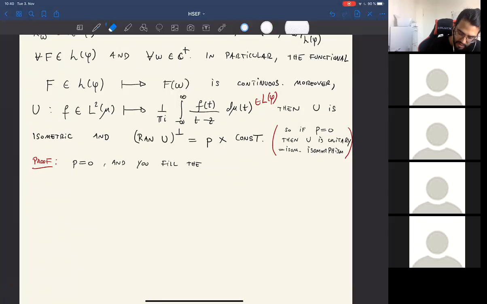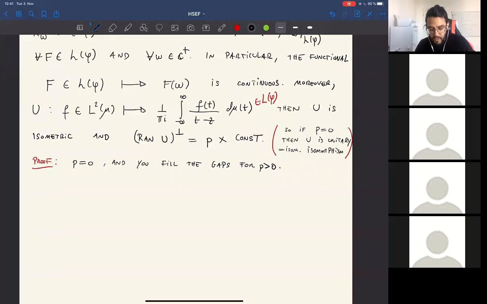Let's say you fill the gaps for p greater than 0. Okay. So let me show first that the space is complete. Suppose you have F_n is a Cauchy sequence in L phi.